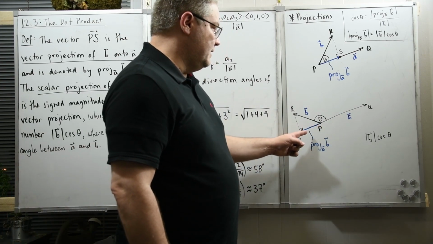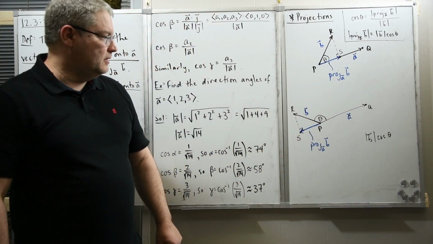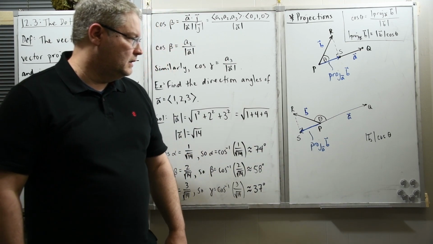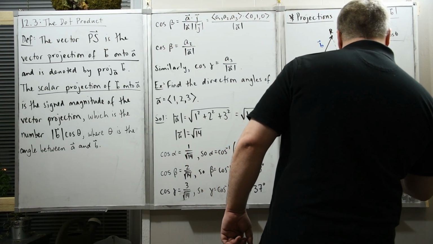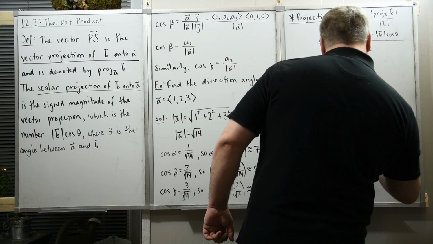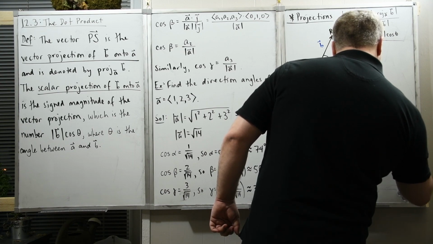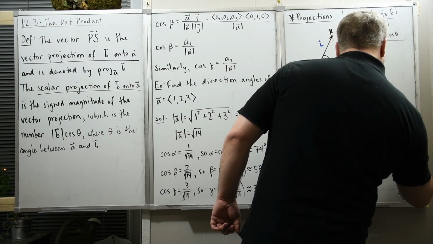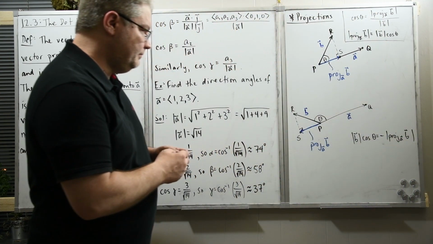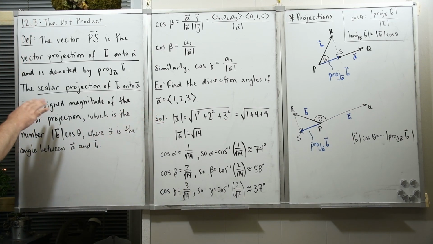But if I were to take a look at this length here, this length would be basically the absolute value of cosine theta times the magnitude of B. So it actually turns out that in this case, the magnitude of B times cosine theta is going to be negative the magnitude of the projection of B onto A. But you're looking at a signed magnitude anyway, and once again, that sign's going to be positive if the projection vector and A are pointing in the same direction, and negative if they're pointing in opposite directions.